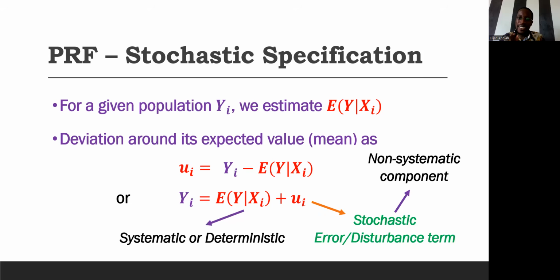But the one that really determines the behavior of the population is the one we are estimating. And so we call that one the systematic or the deterministic part of the model, because that is what we use for interpretation, for prediction, for control policy purposes. So we have that systematic or deterministic component of regression models, and then we have the non-systematic component.